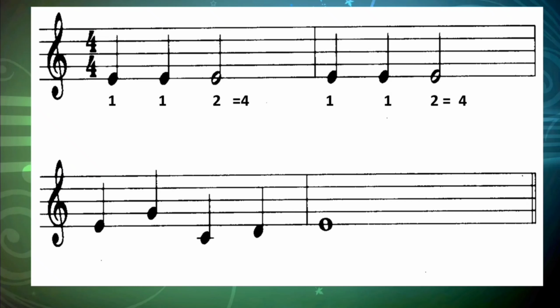In the second measure, we also have 2 quarter notes and 1 half note, which is equivalent to 4. In the third measure, we have 4 quarter notes. And in the last measure, we have a whole note, which receives 4 beats. So it's very clear that this example is a 4/4 time signature.